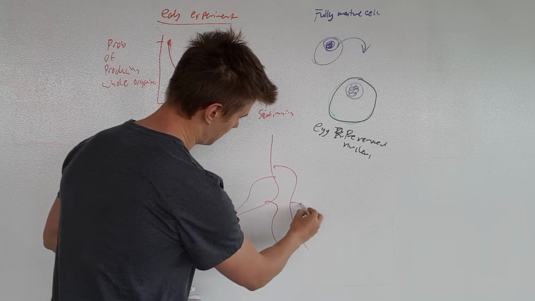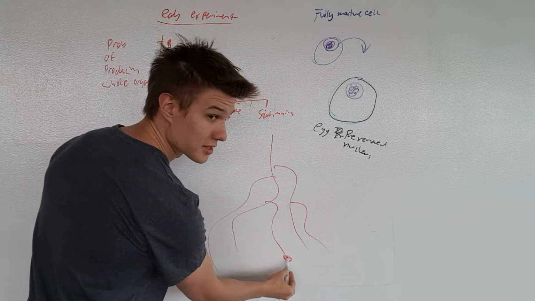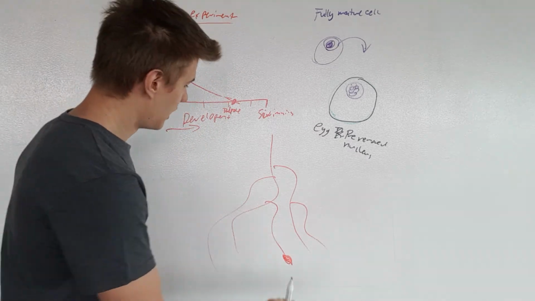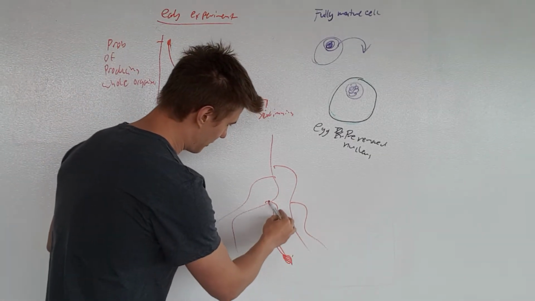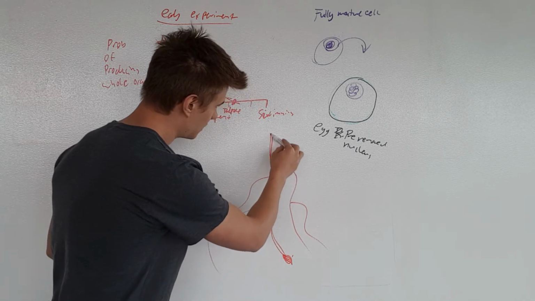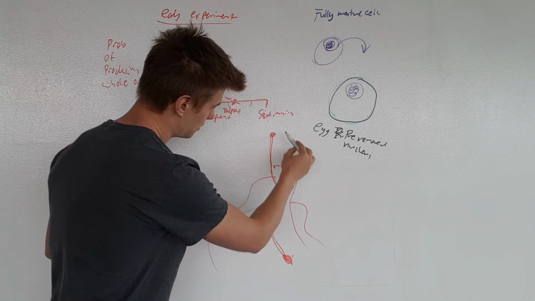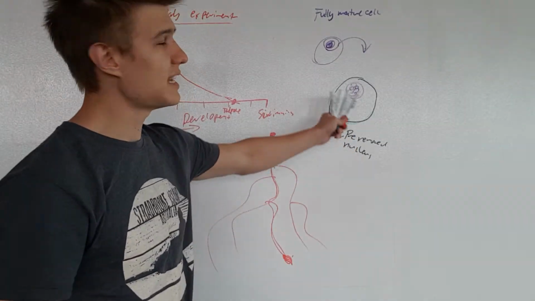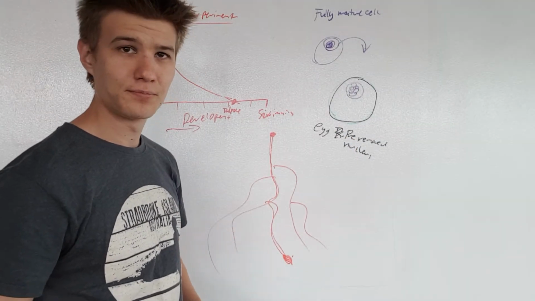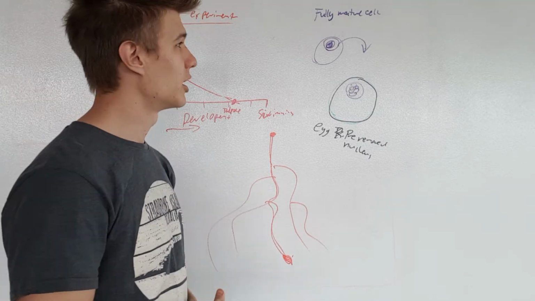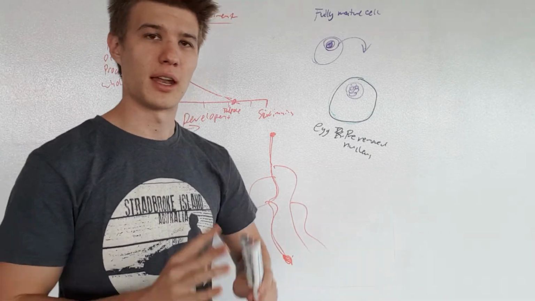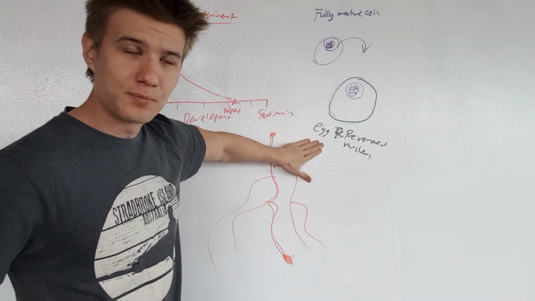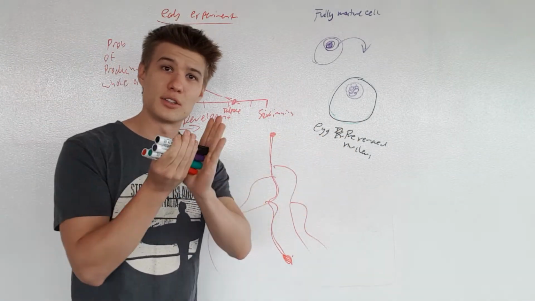We've got a cell that's down here, fully differentiated, and we need to push it all the way back up. The way that we push it all the way back up is by putting it inside an egg. We're going to talk about the molecular mechanisms that force that change, but this was that experiment.